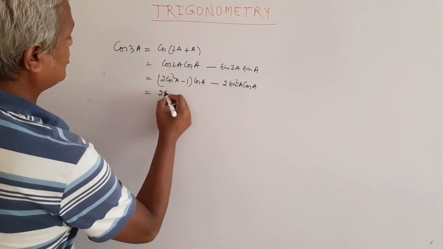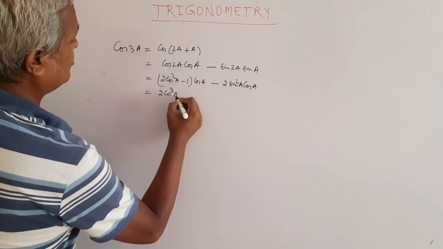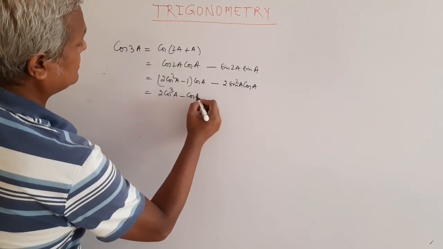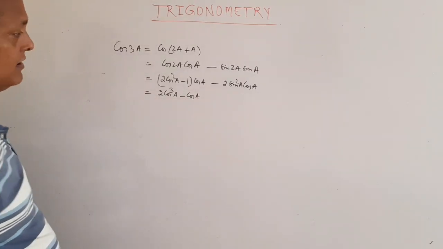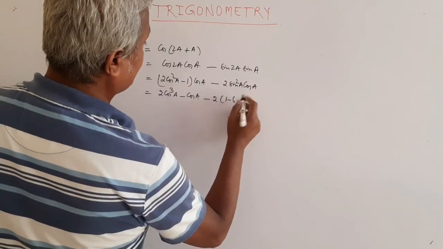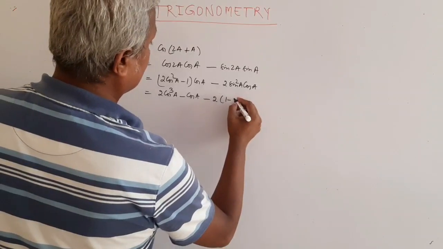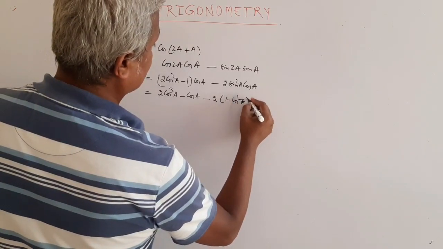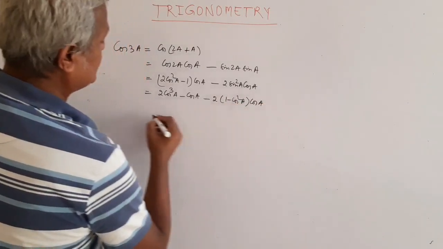So 2 cos cube a minus cos a and minus 2, this is 1 minus cos square a, cos a.